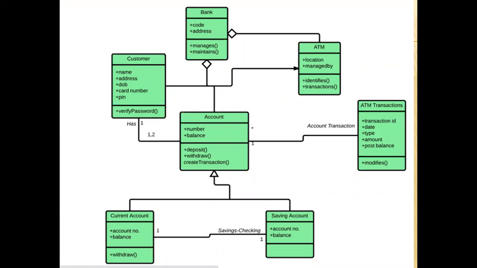In the banking system, bank is one object, customer is one object, account is one object, ATM is one object, and ATM transactions is one object. And in account, there are two types of accounts: current account and saving account.